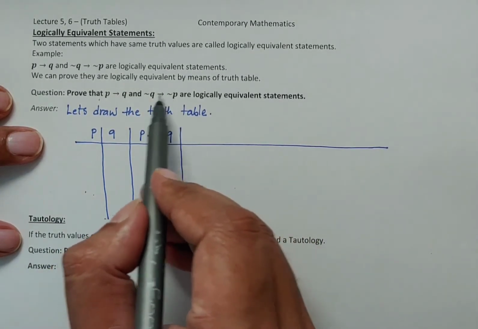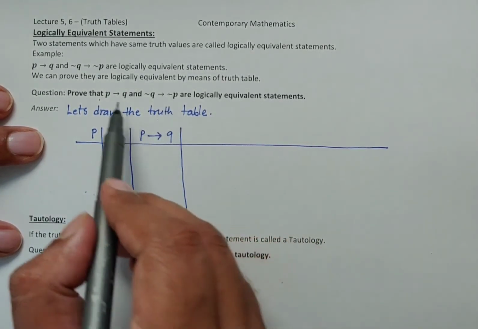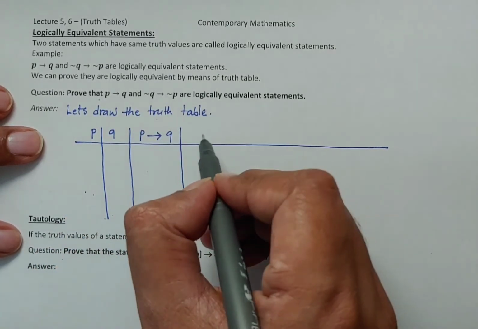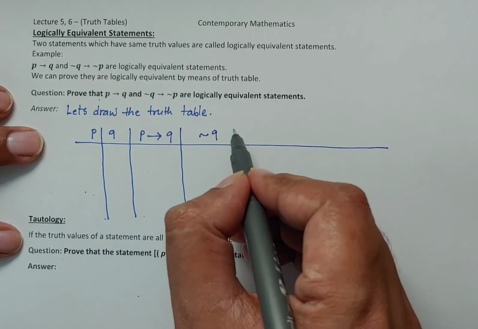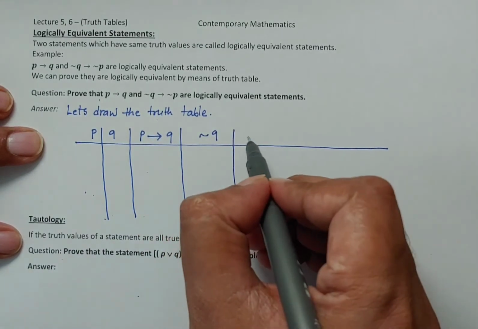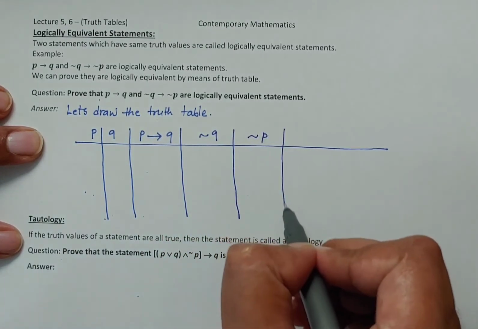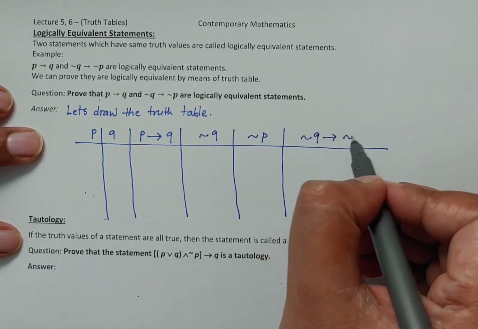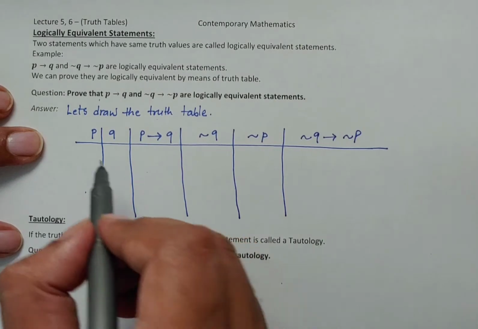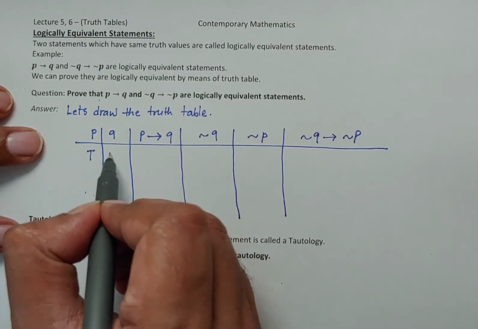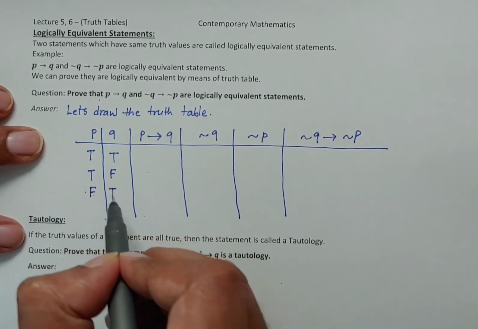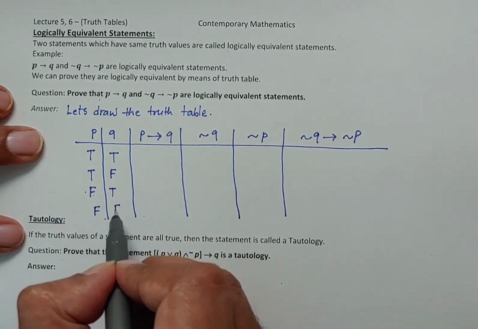Now to find this one, we need negation of Q. So let's find negation of Q, negation of P, and then negation of Q implies negation of P. Okay, so it can be true, true, true, false, false, true, and false, false.